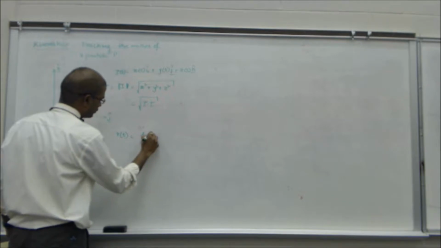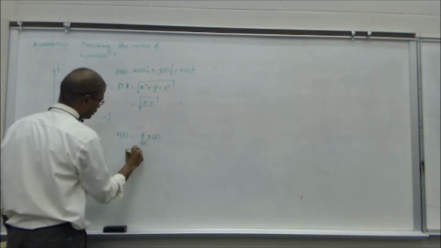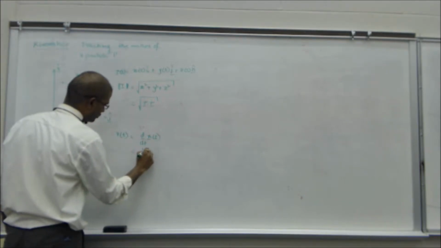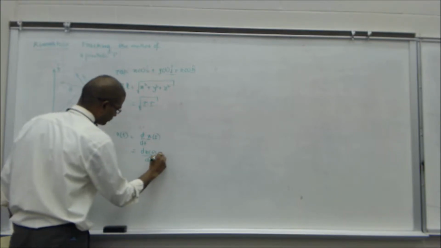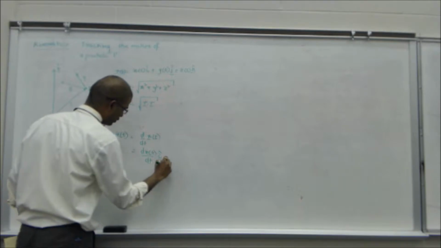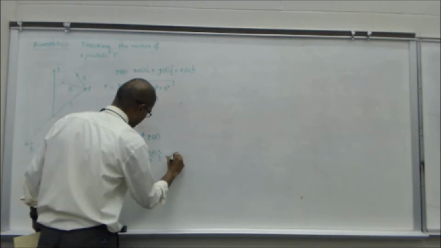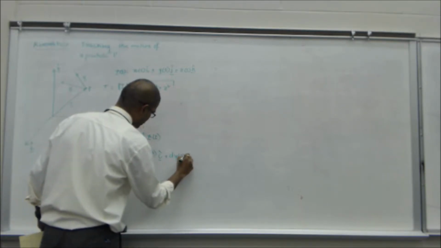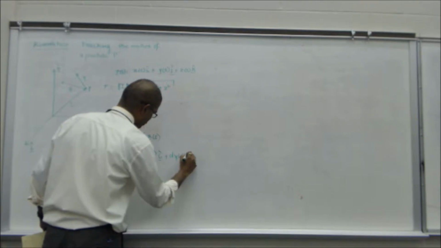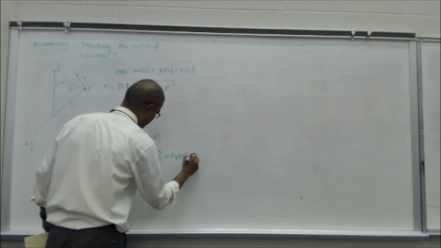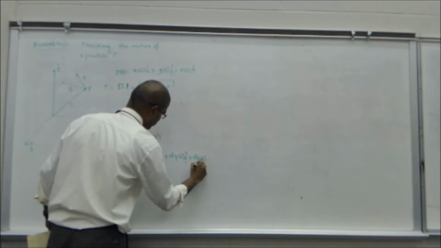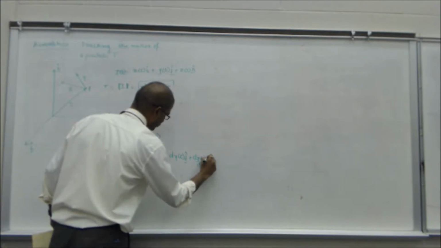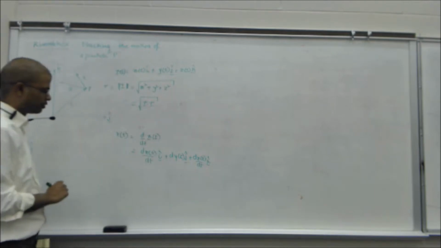So you have the r of t, which is dx of t over dt i plus dy of t over dt j plus dz of t over dt k.